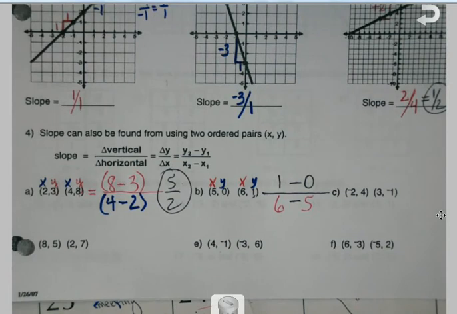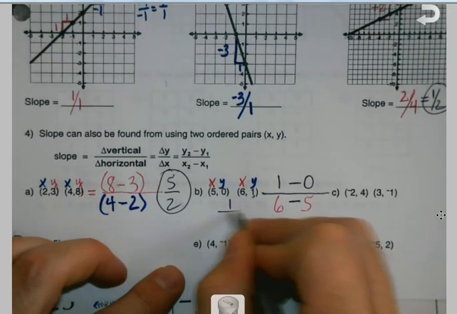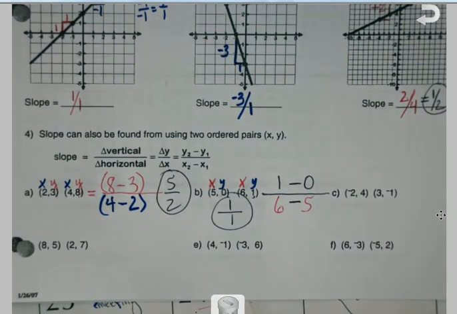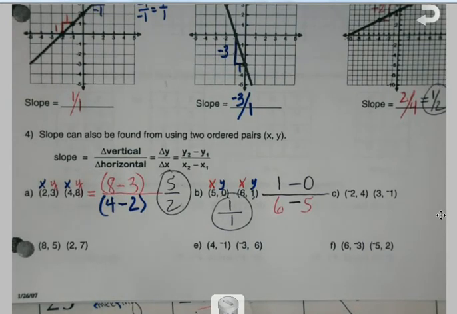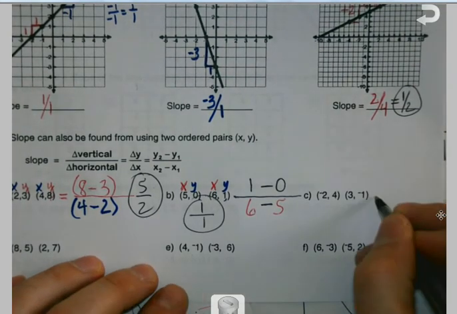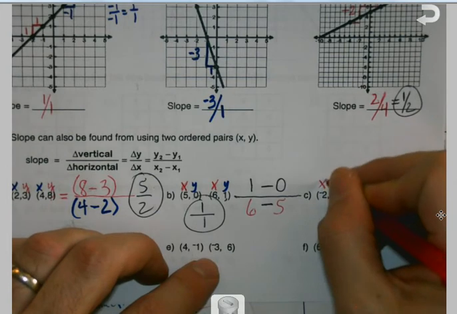So then, what I'm going to do, 1 minus 0 is 1. 6 minus 5 is 1, and that's as far as I can go with that one. And that's okay. The place I start to get nervous, though, is when we get the negatives working here. Once the negatives start working, then I worry that people are going to forget about them. We can't forget about them. Sorry, let me get these labeled one more time here.